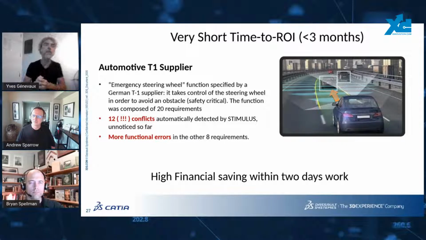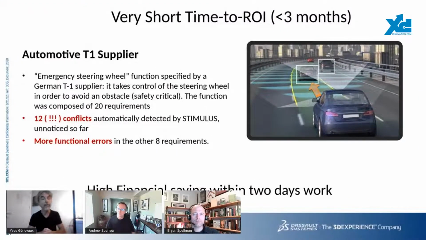You have this example of a very safety-critical function that needs to be developed. It's a couple of dozen requirements. And keep in mind that even though systems are complex and there can be tens of thousands of requirements, they are a collection of objects each of which has a small number of requirements.